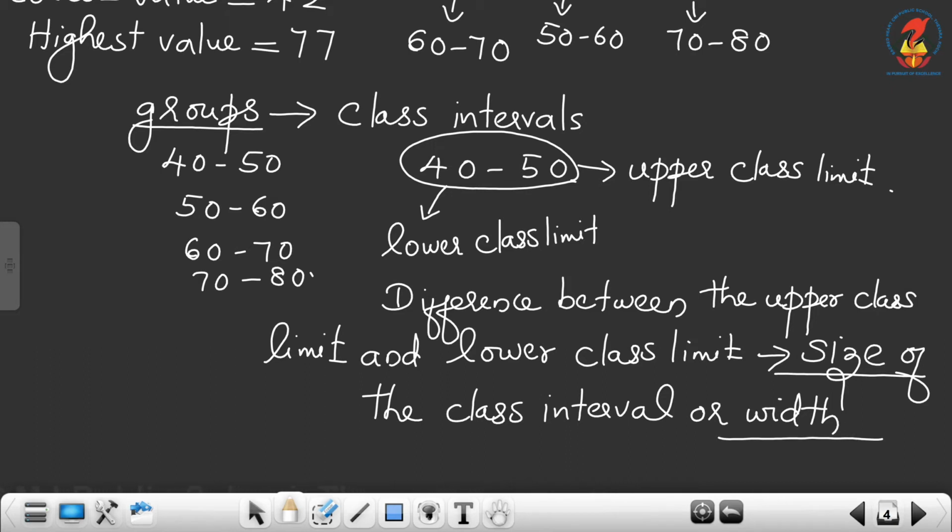The difference between the upper class limit and the lower class limit is known as the width or size of the class interval. Now here, what is the difference?